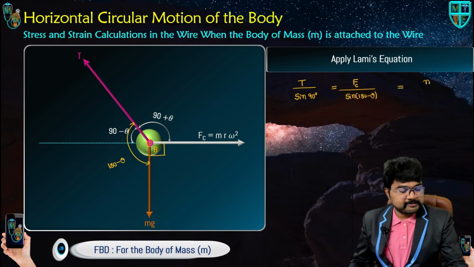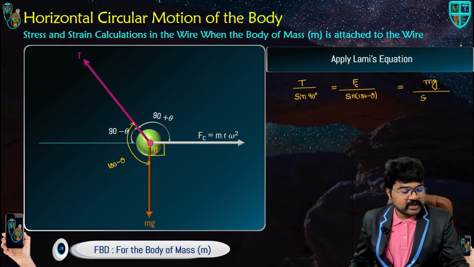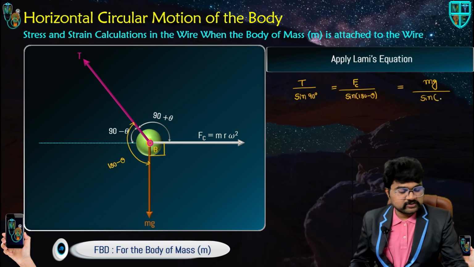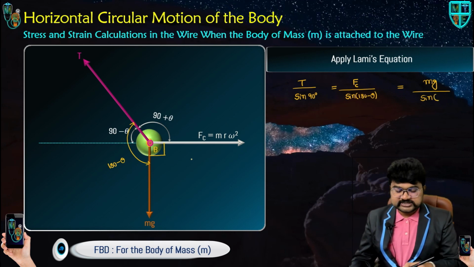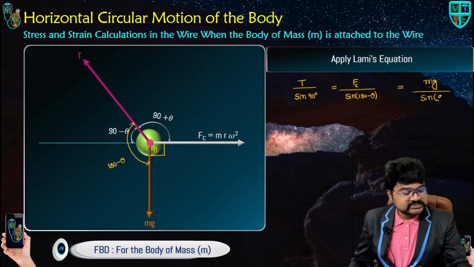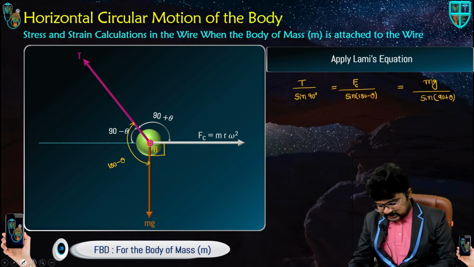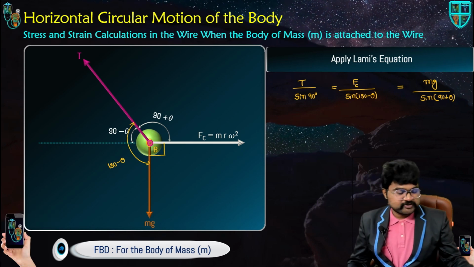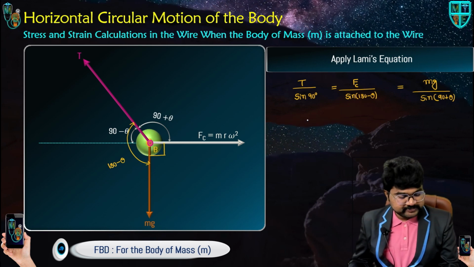What about mg? mg by sine of the angle between the other two forces, 90 plus theta. You can equate these from Lami's equation. T by sine 90 equal to FC by sine 180 minus theta, second quadrant.